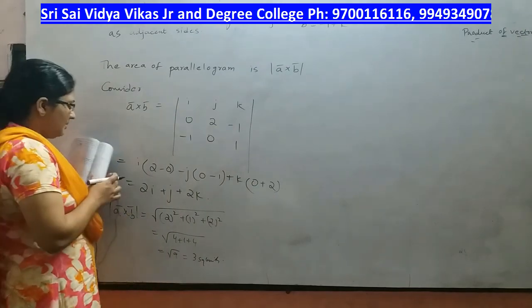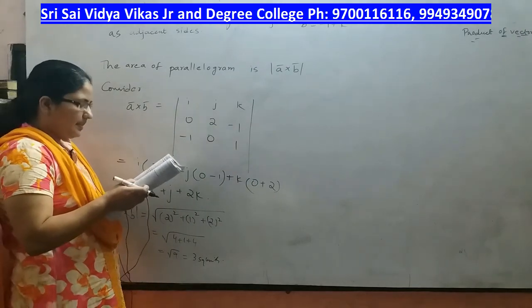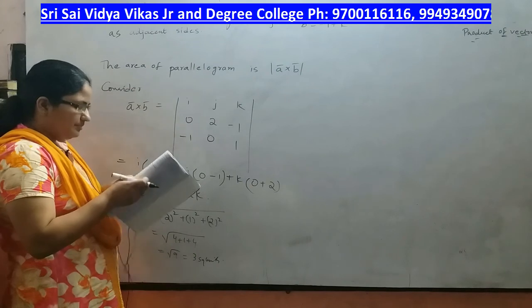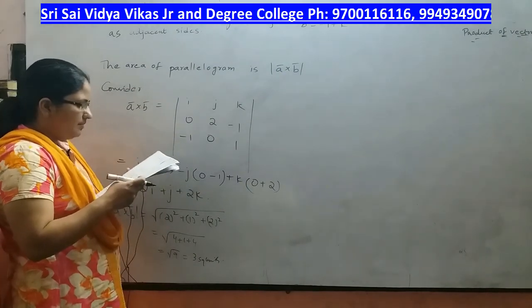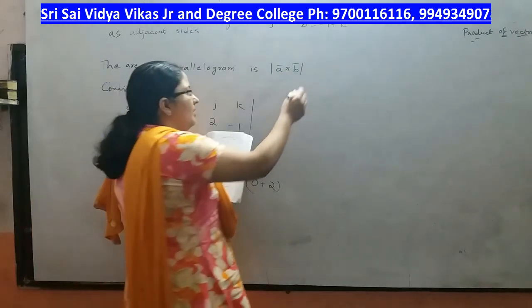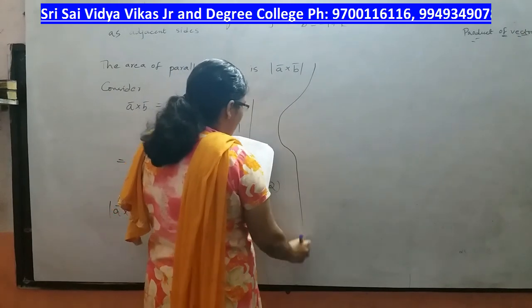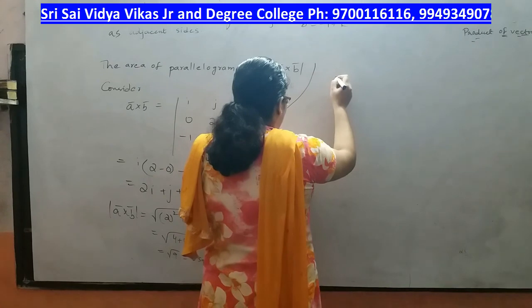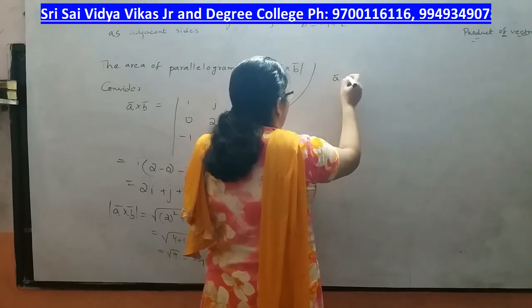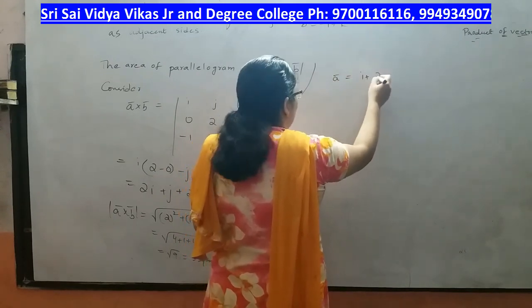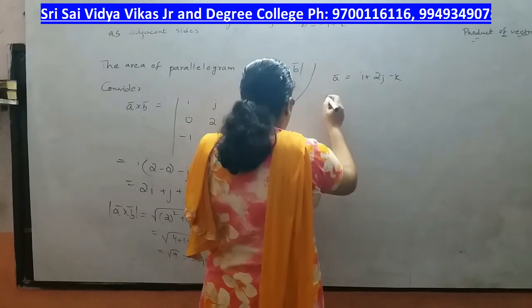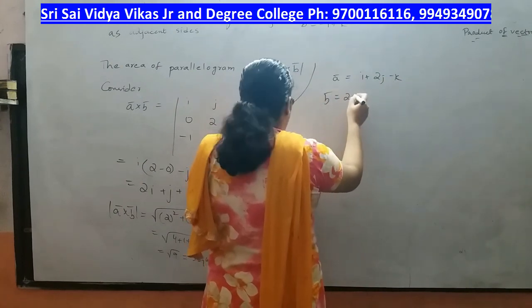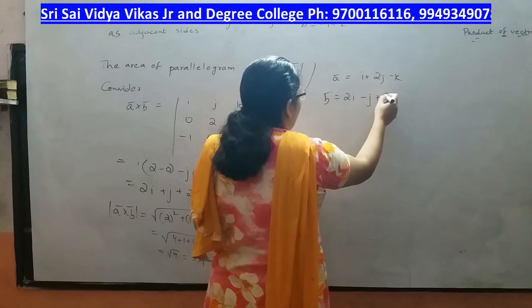We shall discuss similar kind of problem. Take this problem for homework. Find vector area of parallelogram having a bar is equal to i plus 2j minus k, b bar is equal to 2i minus j plus 2k.